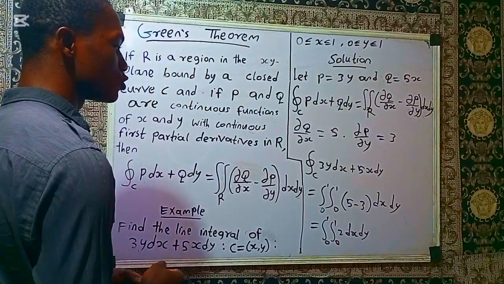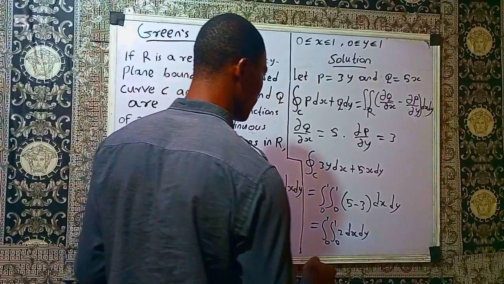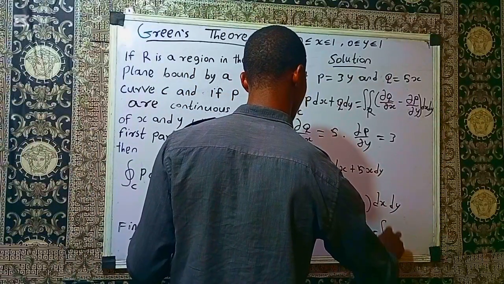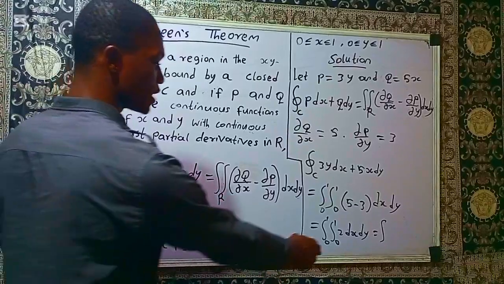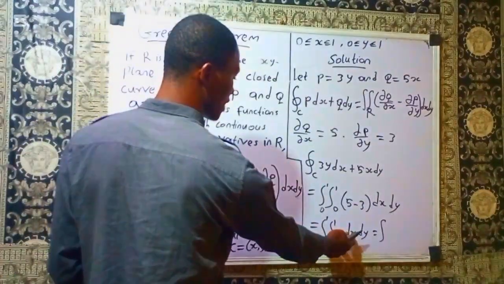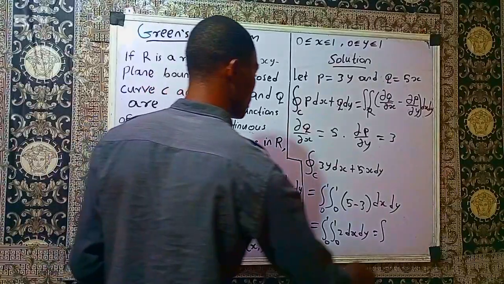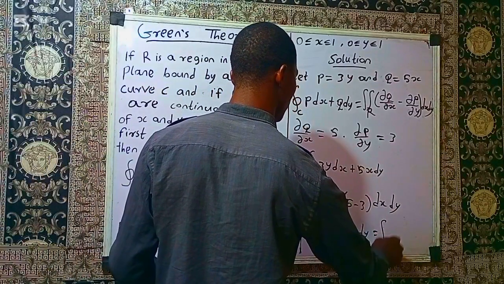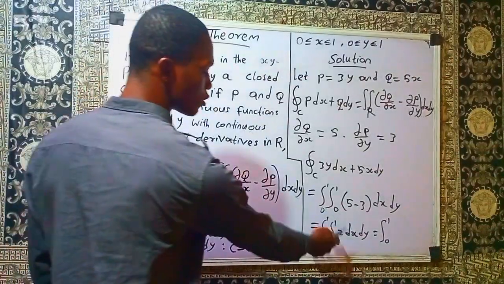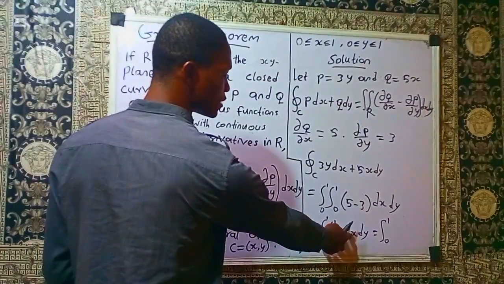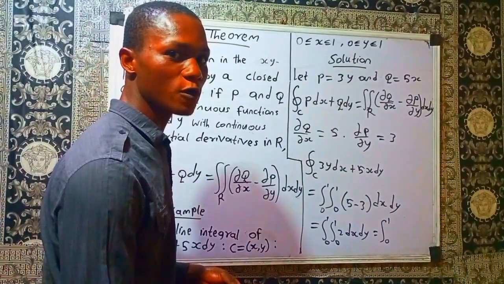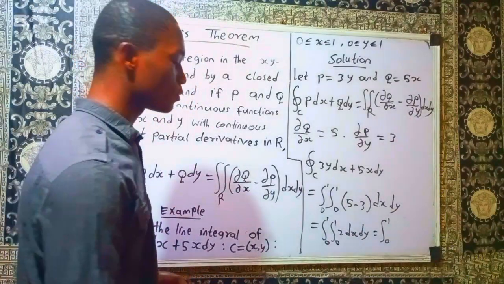So what you are going to do is first evaluate the integration with respect to x. We have a double integral, so we integrate x first, after that we integrate y. Let's leave the range of y from 0 to 1. Integrating with respect to x, we have a constant here. The integral of a constant is that constant multiplied by the variable you are integrating with respect to.